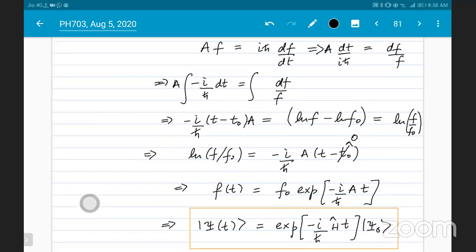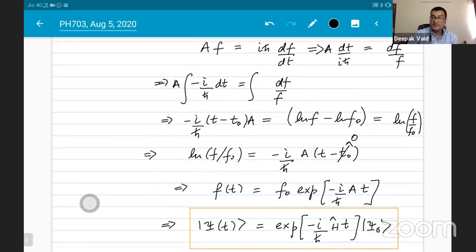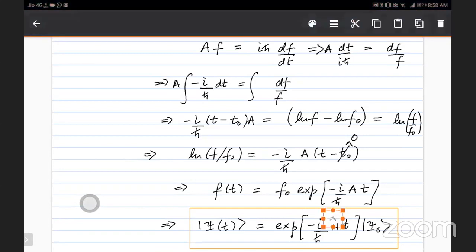How is the state vector time dependent, but the h... The state vector is time dependent. Right, the state vector is time dependent. Okay, so I have to check it again.